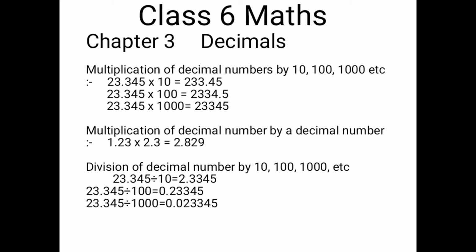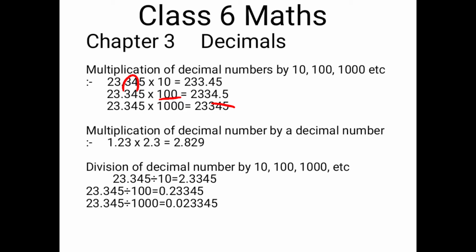The second one, 23.345 into 100. Here in 100 we have two zeros, so this decimal point will move two steps. Got it? So the decimal point will move from 23.345 to 2334.5.